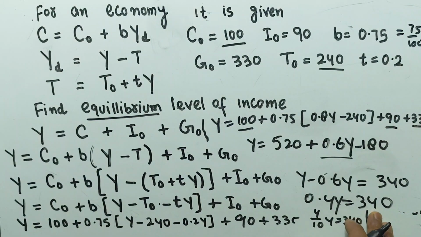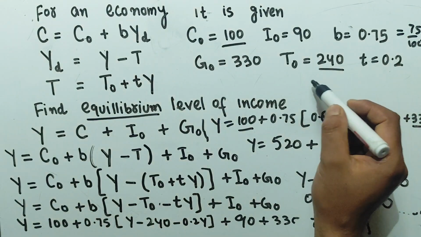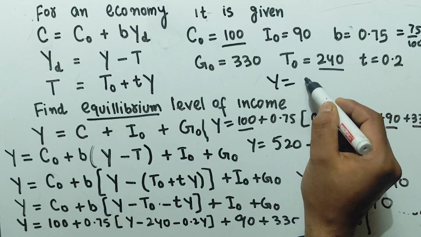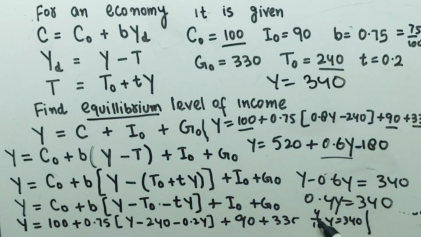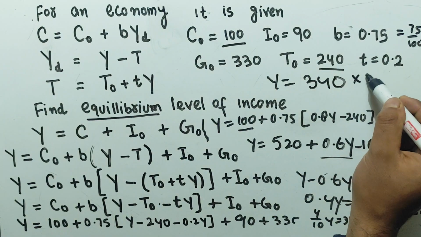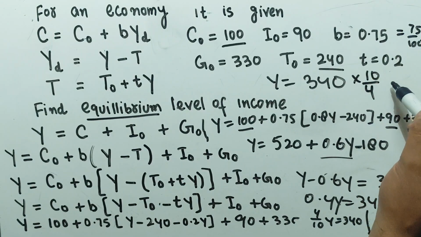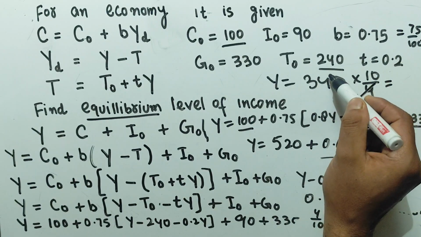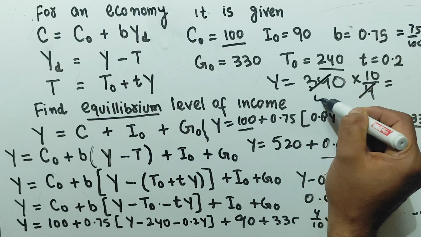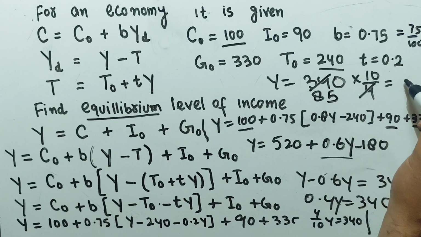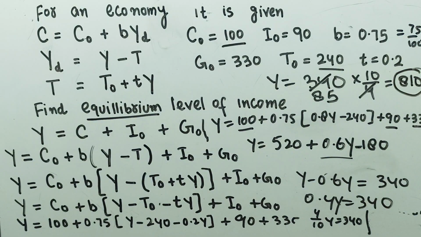Transpose this term, it gets multiplied but reciprocated, it becomes 10 upon 4, so 4 8s are 32, 4 5s are 20, so 85 into 10 is 850 will be the equilibrium level of income. I hope I make myself clear in this video. Thank you.